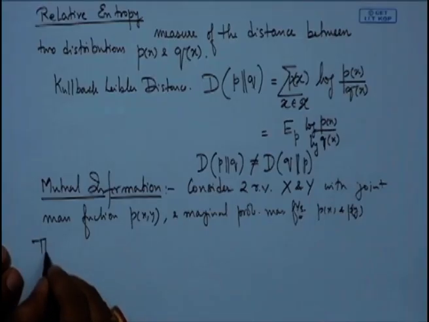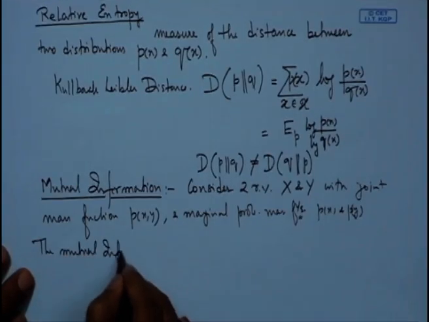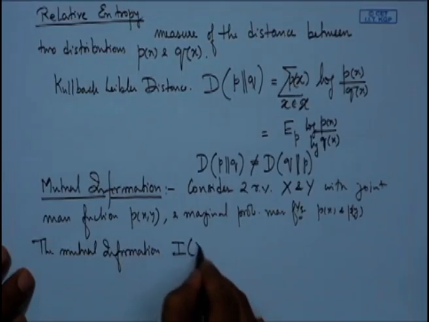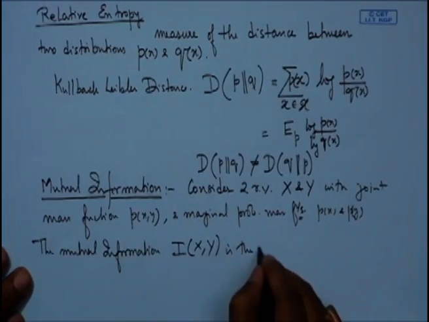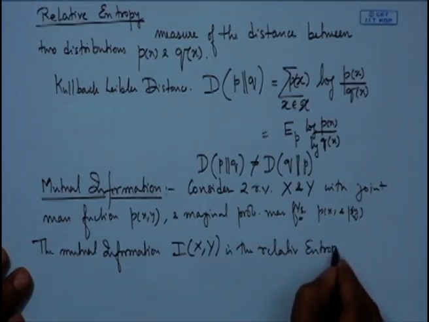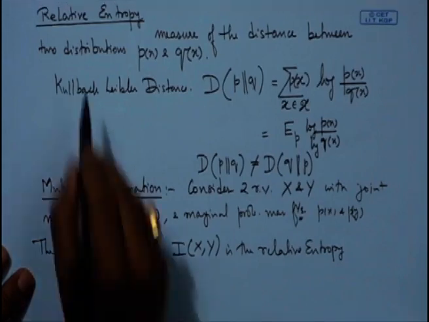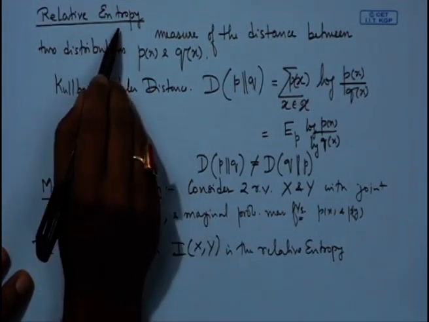The mutual information I of xy, denoted as Ixy, is the relative entropy. Capacity is defined in terms of mutual information, mutual information is defined in terms of relative entropy, and relative entropy is defined in terms of entropy.